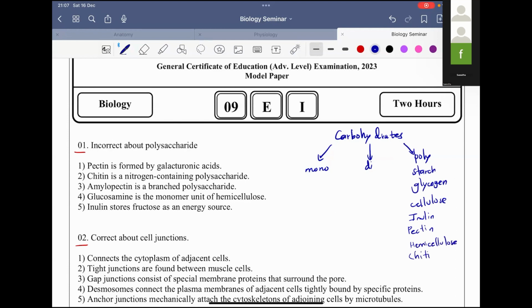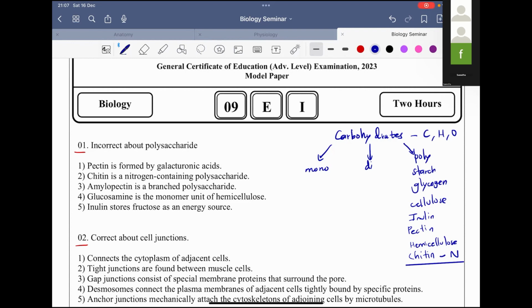What is special about chitin? Chitin has nitrogen in it. Usually the elemental composition of carbohydrates is carbon, hydrogen, and oxygen, but in chitin you have nitrogen also. It is a special thing to mention.